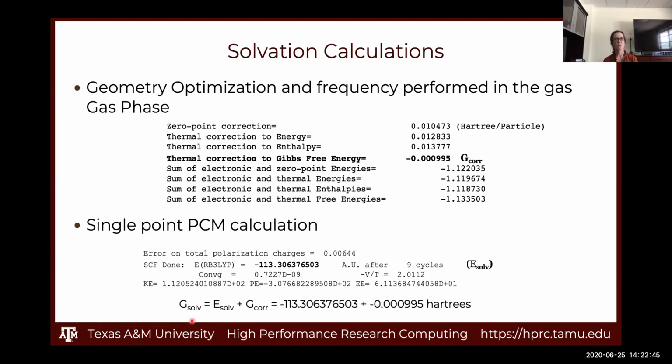Okay. So if you're going to include solvation by doing gas phase optimization and then just a single point to correct the energy, then you need to go through a procedure like this and add the values together. Otherwise, you just do an optimization and frequency together and you pull out the free energy just like you normally would for a gas phase calculation.